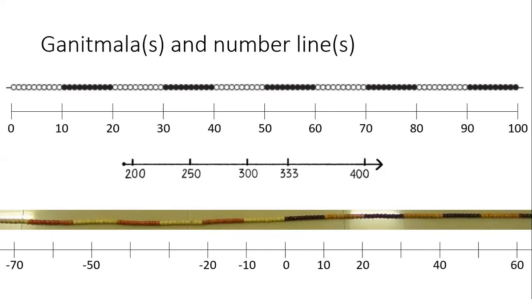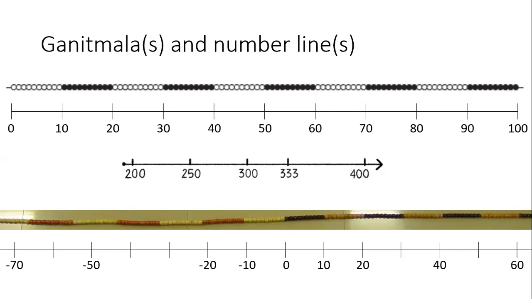But what I'm trying to say here is the relative position is more important, not whether 333 is exactly at the right position in between 300 and 400. What is important is that it should be between 300 and 400. But whether it is closer to 300 or closer to 400, that part is not so important.